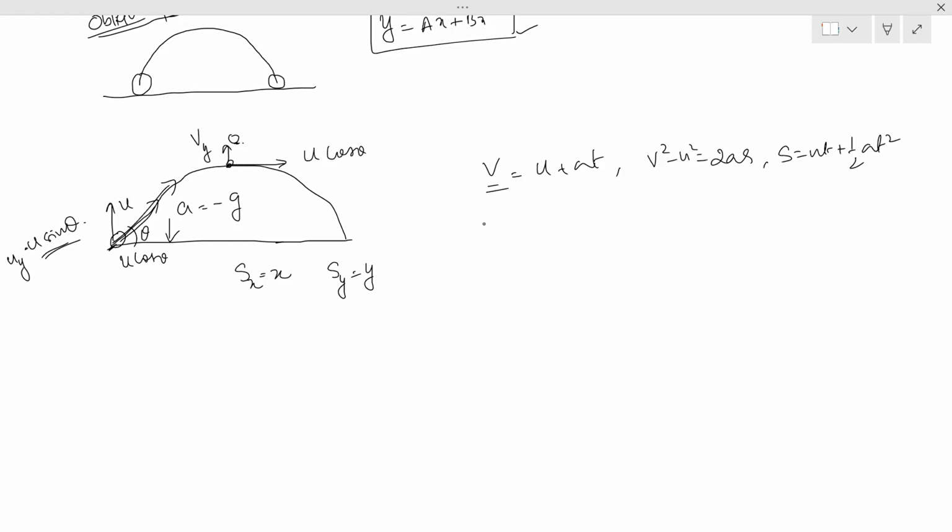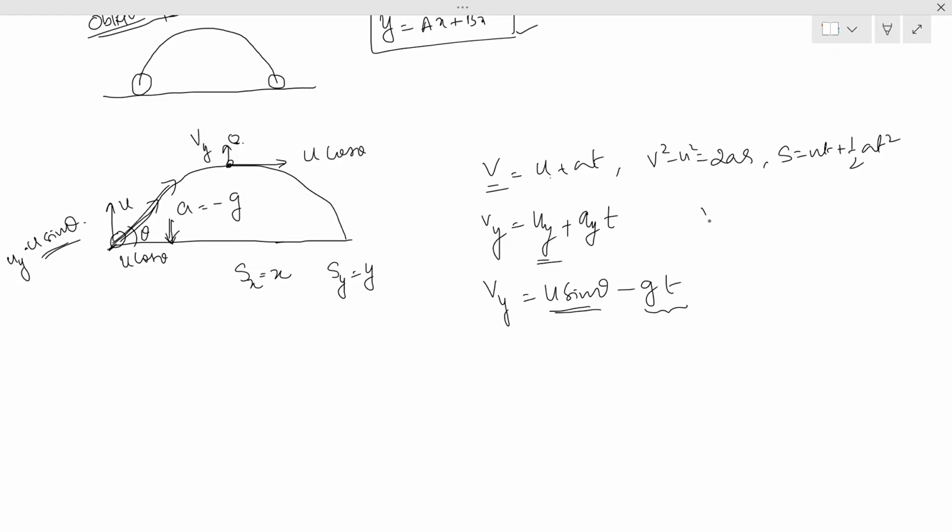So this will be vy, this will be uy, and this will be ay, and this will be t. Acceleration is acting downward, so a is minus g, time is t. So vy equals u sin theta, uy is u sin theta, ay is minus g, t. Slowly, when it goes up, the initial velocity decreases and the final velocity becomes 0.